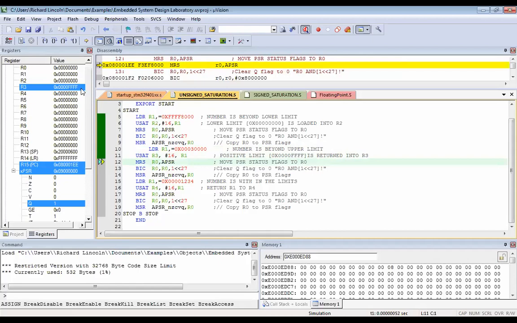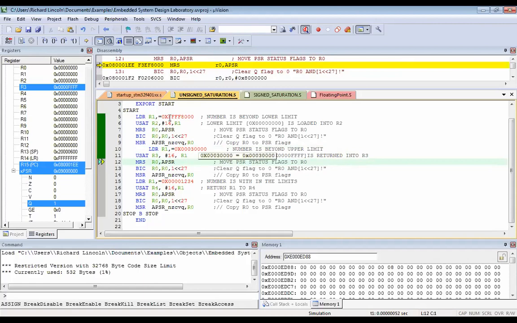And since it's beyond the limit, we are going to move that value, the positive limit. So this is the positive limit. 000FFF is returned to R3, because this number is beyond the upper limit.